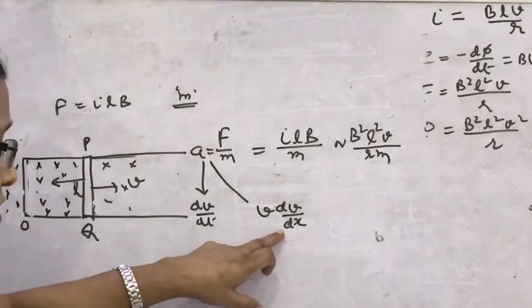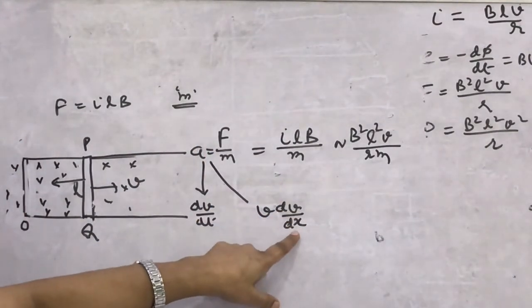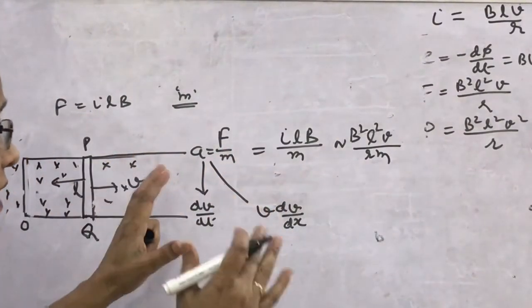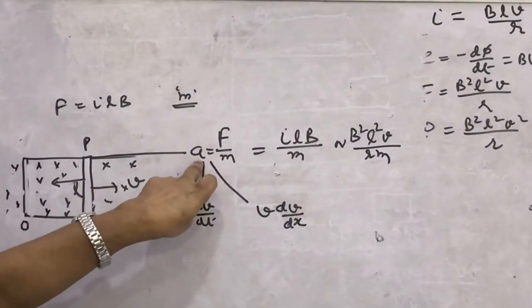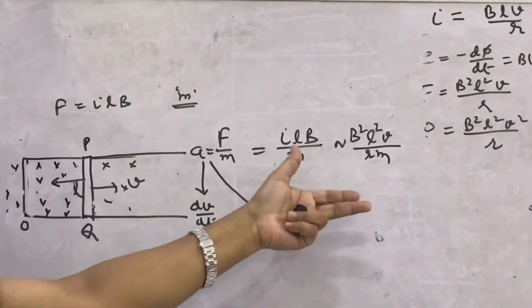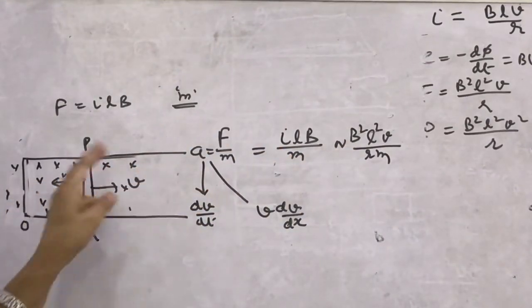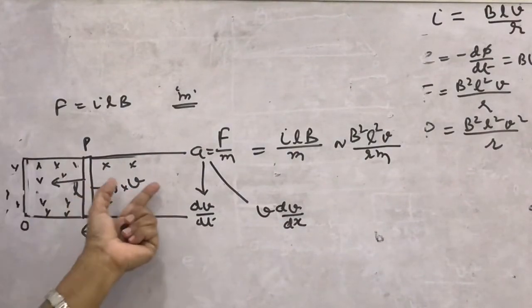Using this expression, you can also find the velocity in terms of the distance covered. What is this? Retardation. You have to put the minus sign here because the rod will be retarded if no external force is applied on it. So its velocity will be decreasing.